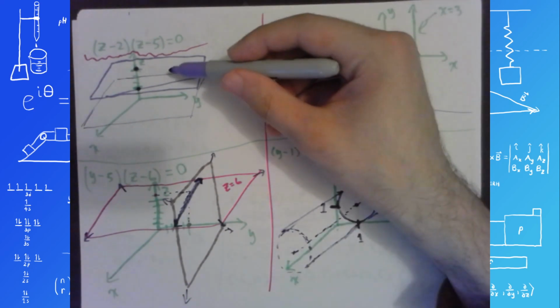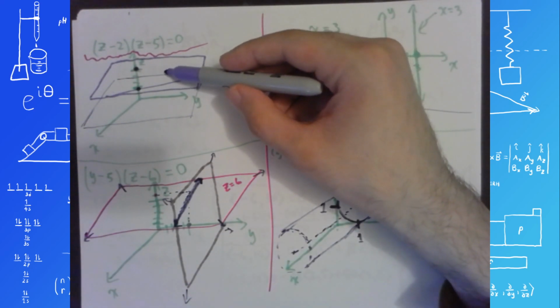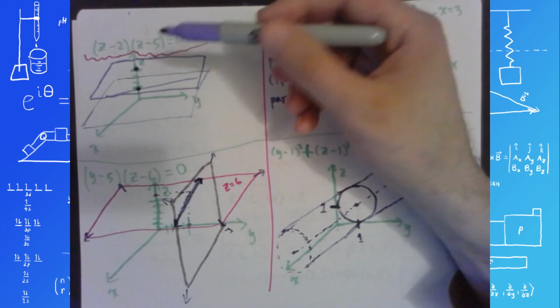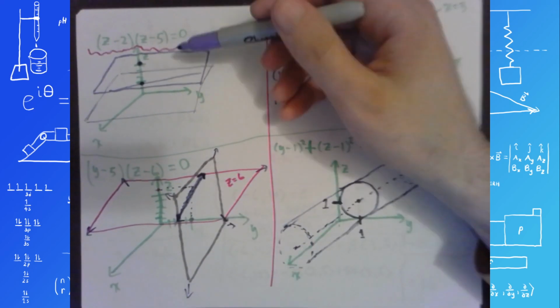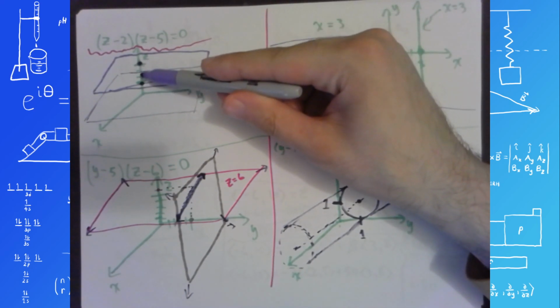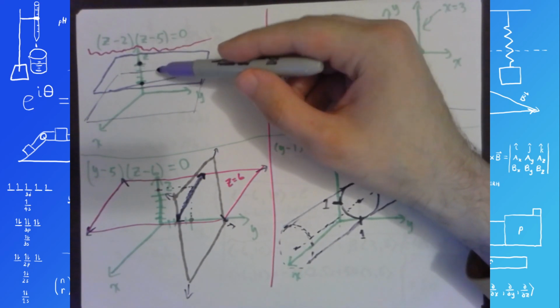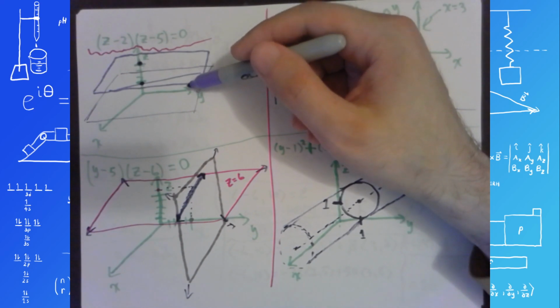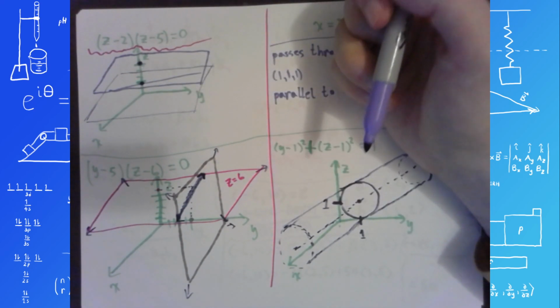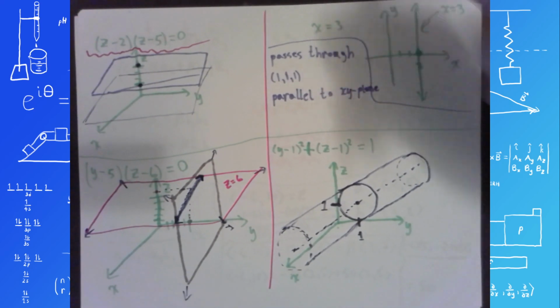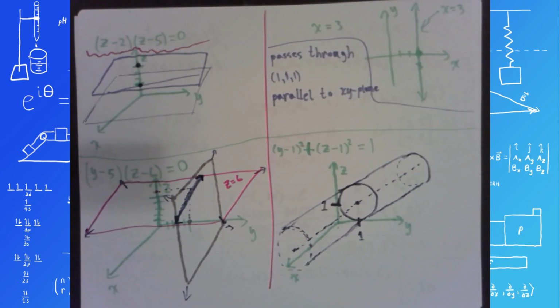If you want to see an illustration of that, just look at the first of these graphing problems we did for 3D space. If you have a constant z, then you have a graph of a plane that is parallel to the xy plane. Parallel to xy means constant z, parallel to yz means constant x, and parallel to xz means a constant y.